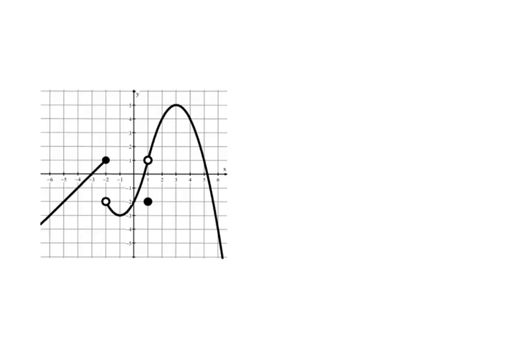Now let's look at this piecewise function graph, and we're going to look at different limits. We'll just call this f of x. So the limit of f of x as x approaches -2 from the left. Left, we're approaching -2. So from the left, we're approaching 1.